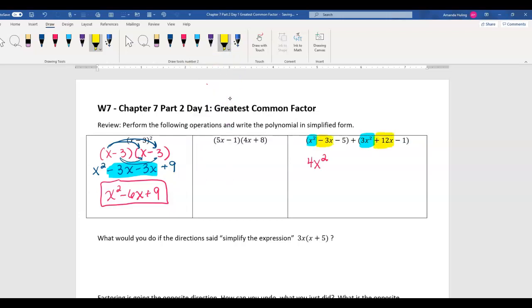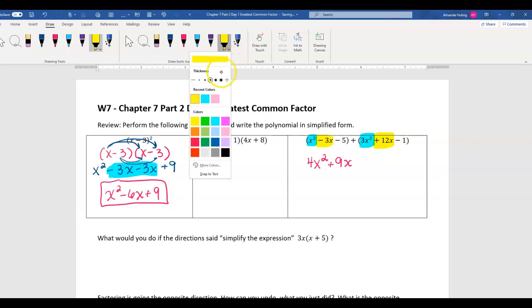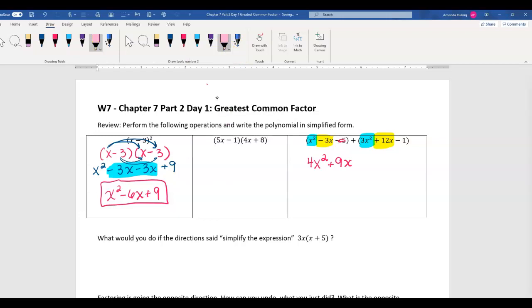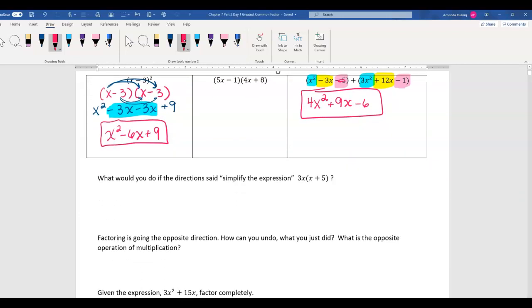Negative 3x can be combined with positive 12x, and that's positive 9x. And the last terms I see, remember those are constants, are negative 5 and negative 1, and that can be written as negative 6. And that is, again, in standard form, a quadratic because the highest exponent is 2, and it's a trinomial because there are 3 terms.